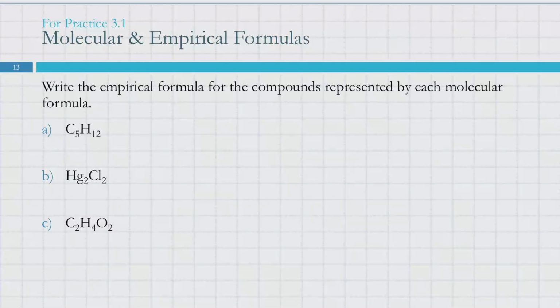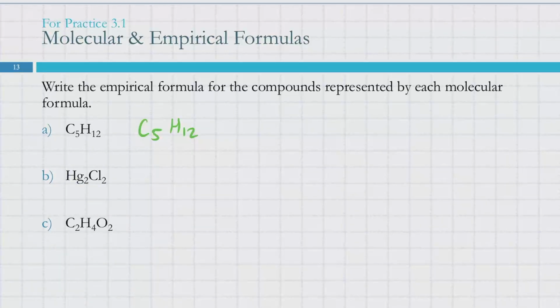It's just C5H12, because carbon has a subscript of 5. The numbers that go into 5 are 1 and 5. We don't have any other factors. 12 can't be divided by 5, and so we just have to leave it as is, because 5 is prime, and 12 doesn't have 5 as a multiple.